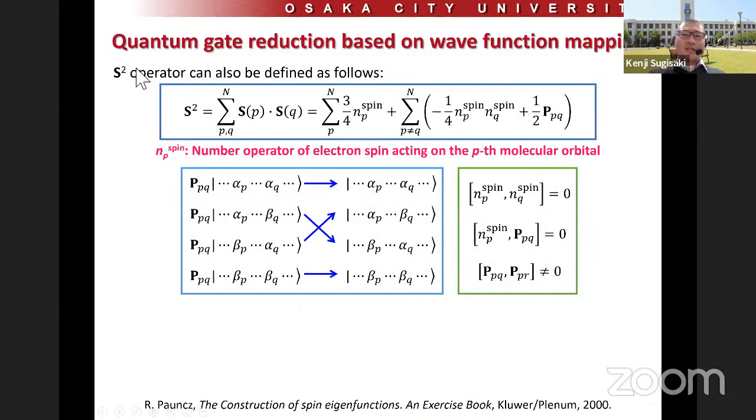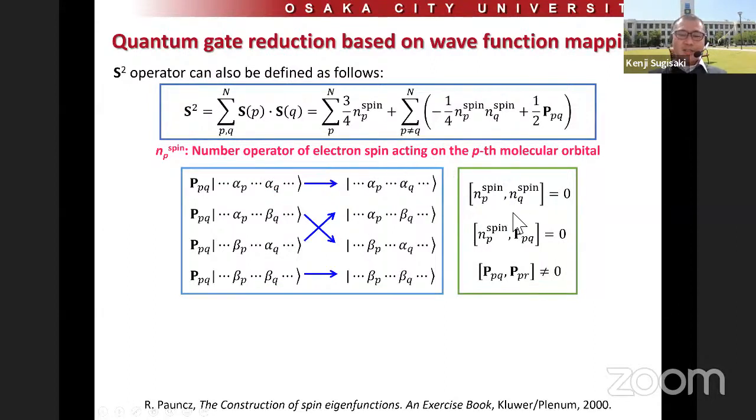But the S-square operator can also be defined by using the number operator of electron spin, N_p, and also the permutation operator P_pq. This P_pq interchanges the spin of p's and q's molecular orbitals.